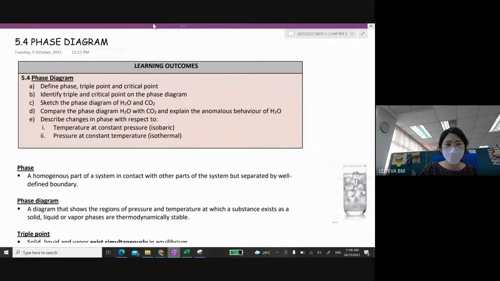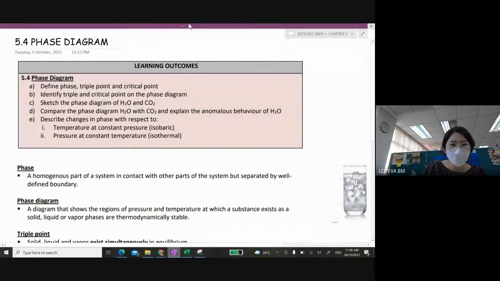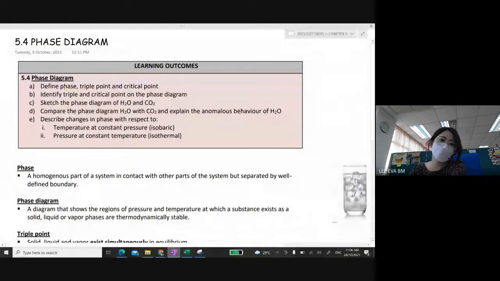Okay, so chapter 5.4, the learning outcomes. Let's look at this one. We have to define the meaning of phase, triple point, critical point.